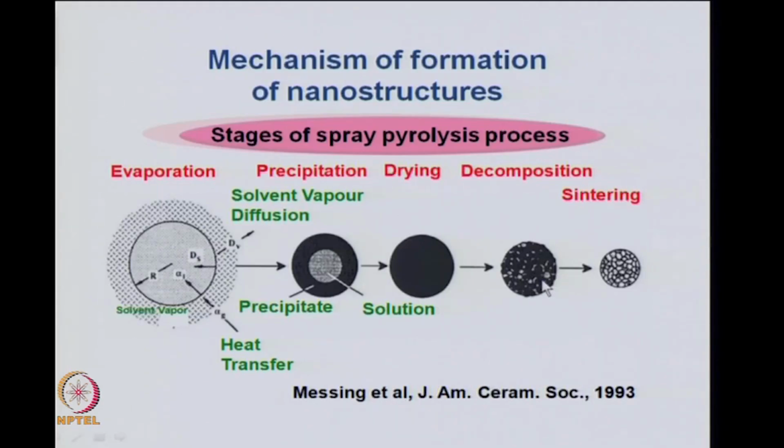Now, when you sinter this further, that means this particle is heated for a long time or at a higher temperature, it becomes more dense. Here you had some particles with some voids from where the gases have gone out, where there were solvent molecules, and so this structure is not fully dense. Once you sinter, that is you go to a higher temperature or you increase the time of heating, then you get a solid particle.